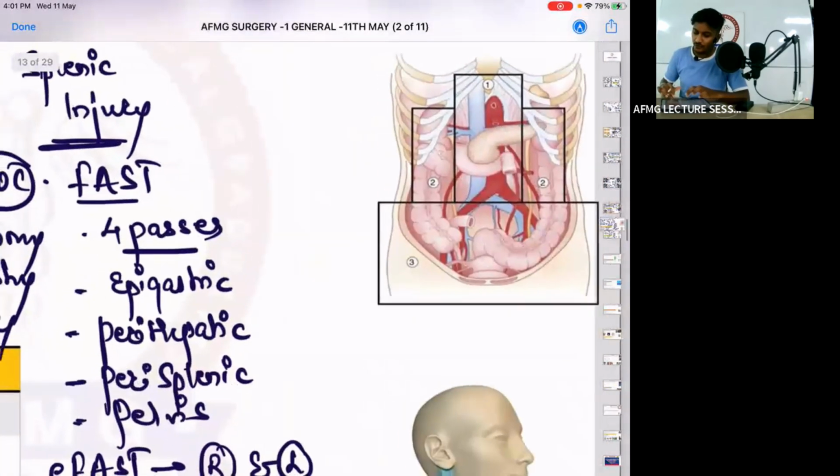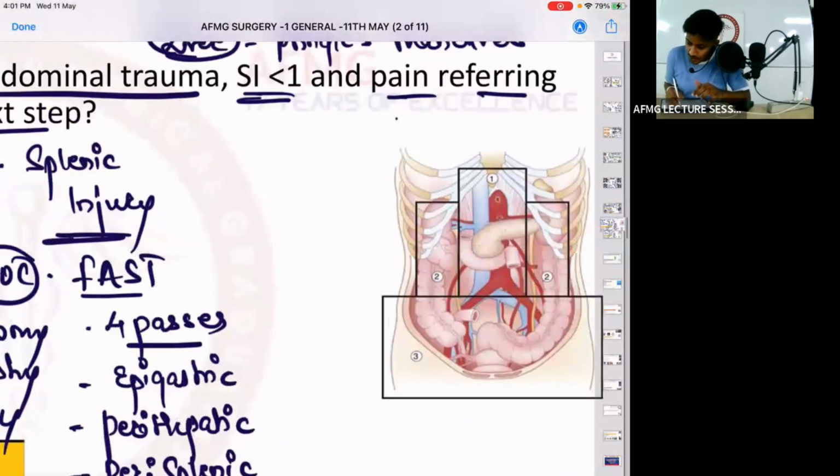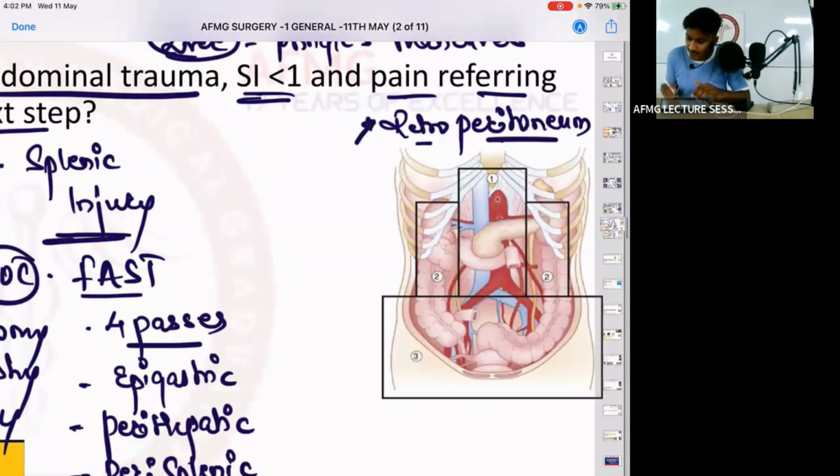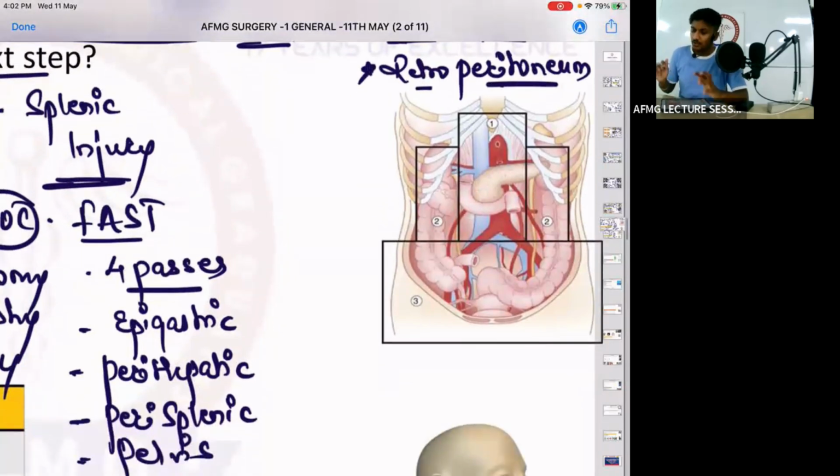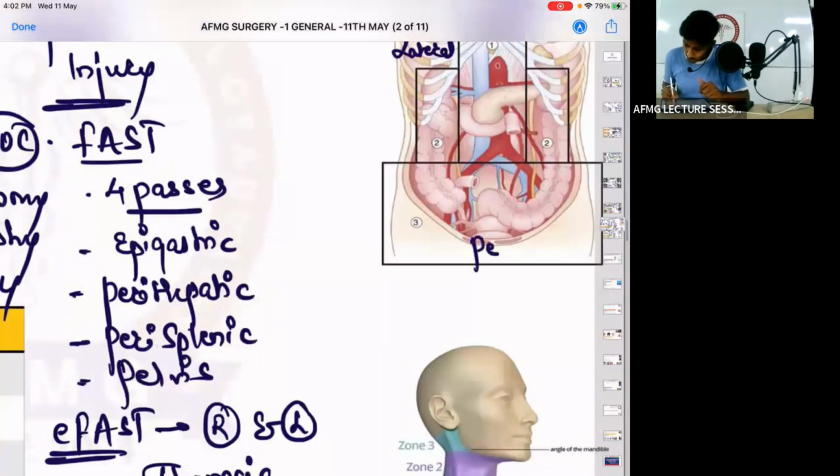So which maneuver is performed in liver injury? Then this was a question from August: retroperitoneum zones of injury. Now here, if a patient has a penetrating or a blunt abdominal trauma, zone 1 is the central zone. Zone 2 is the lateral or peripheral zone. Zone 3 is the pelvic zone.